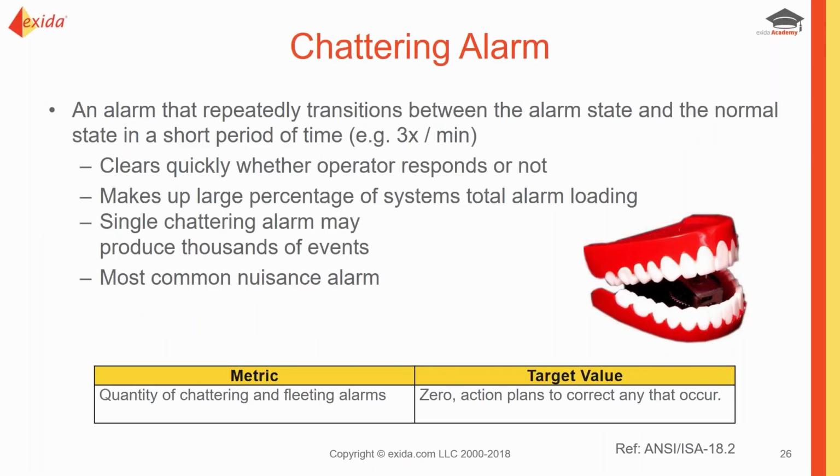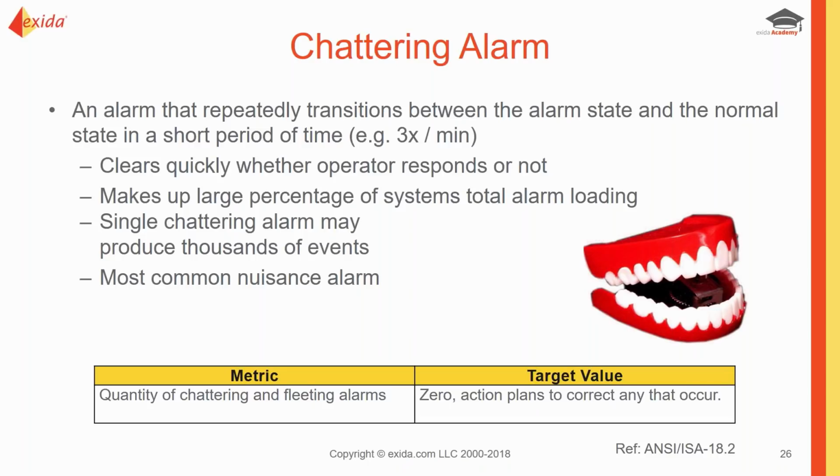Now, there's a couple of different types of nuisance alarms. First one is a chattering alarm. This is an alarm that goes into alarm and then clears relatively quickly, let's say on the order of 3 times per minute. And you can imagine that if an alarm goes true and then it clears 1 second later, that didn't have anything to do with what the operator did, because they probably didn't even get a chance to acknowledge the alarm in that time.